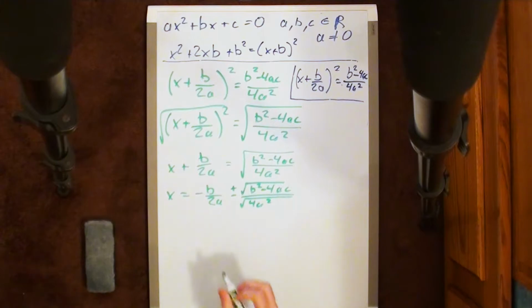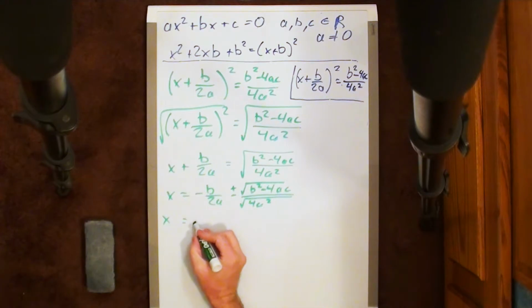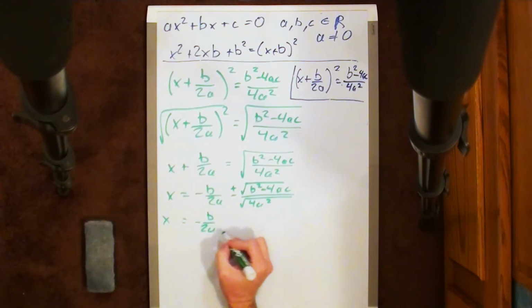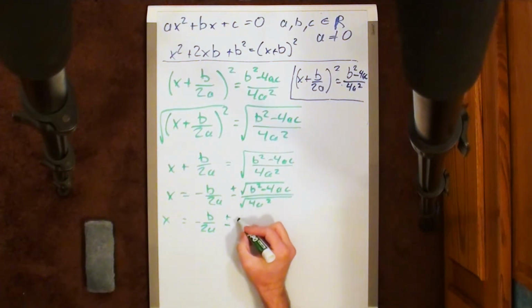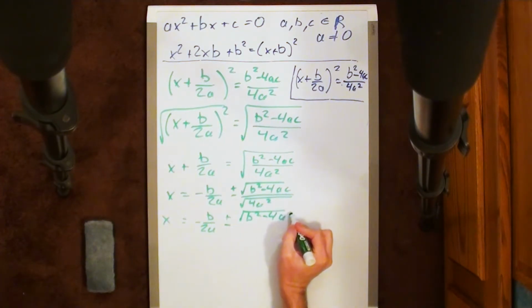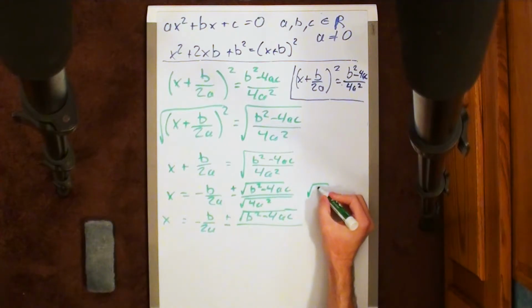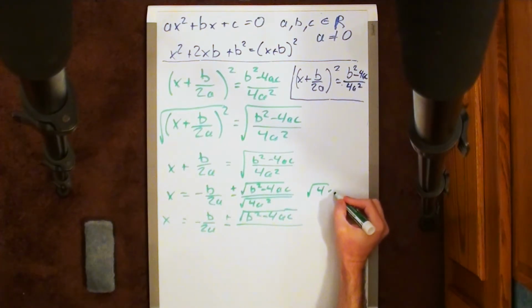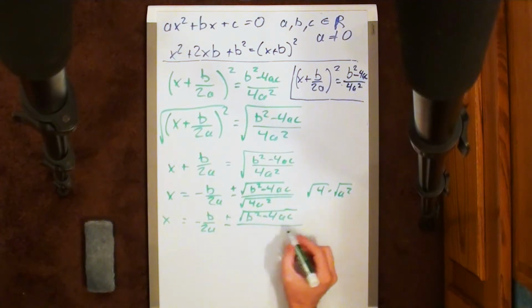Now let's go ahead and clean this up a bit more. So negative b over 2a plus or minus, now this can't be simplified, b squared minus 4ac, all over, now since we have this squared here, basically this right here is the square root of 4 and the square root of a squared, which would be 2a.